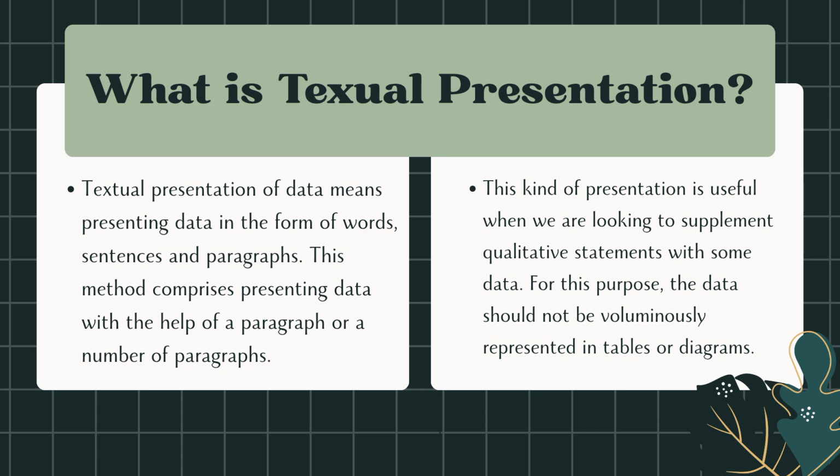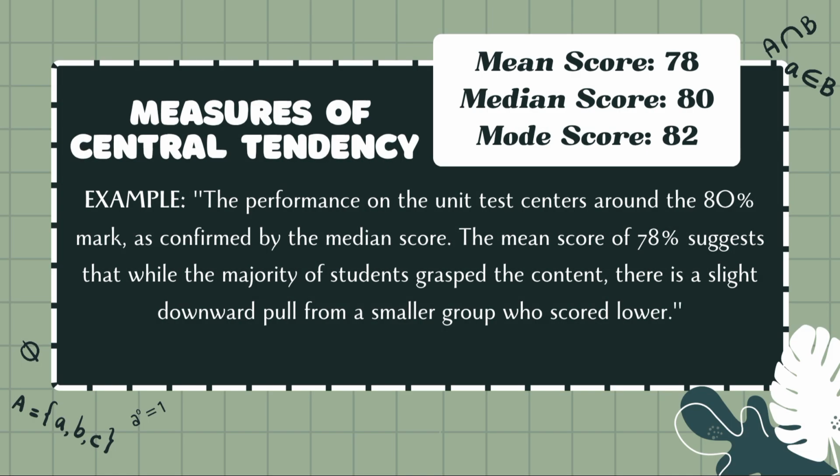Imagine a recent test where we calculate measures of central tendency: mean, median, mode. The mean score is 78, the median score is 80, and the mode score is 82. Here's the example.